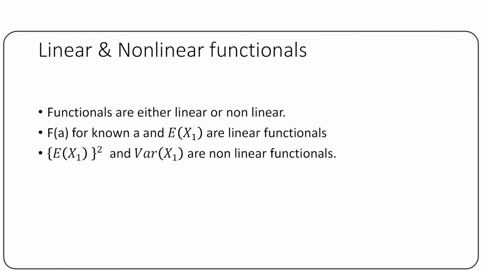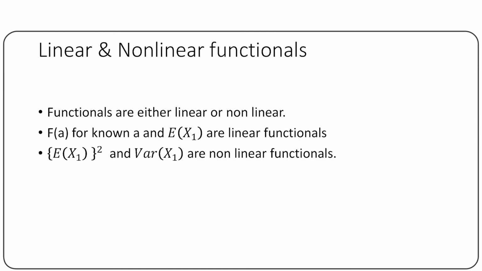For example, in example 2 and example 3, we have discussed the expectation of X and the expectation of X squared. So each of the functionals can be expressed as the expectation of psi(X) for some function psi. Naturally, for example 2, psi is X, and for example 3, psi is X squared. As another example, in 1, we have considered the probability of X less than or equal to a with known a.